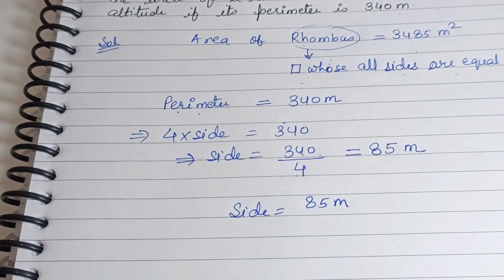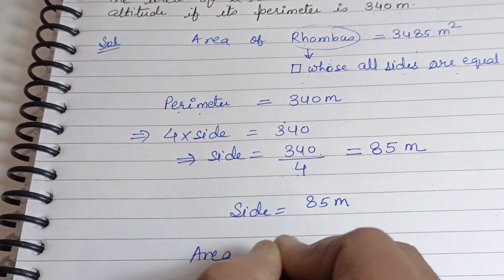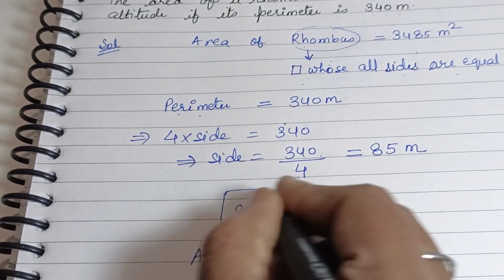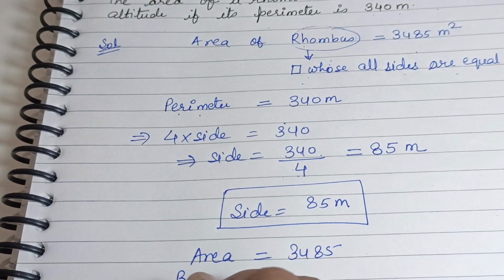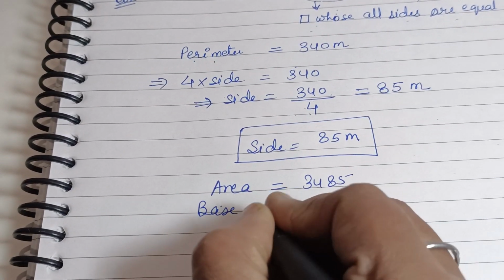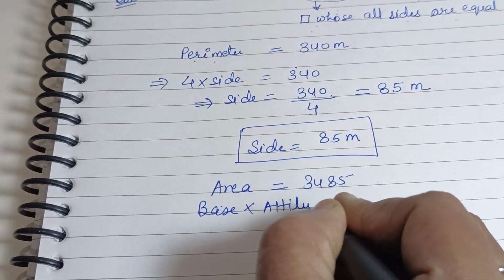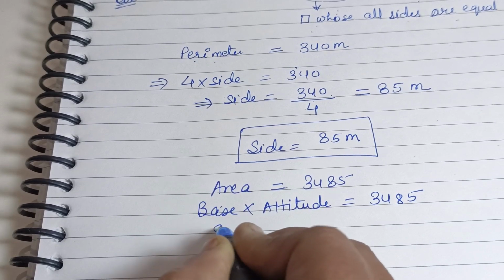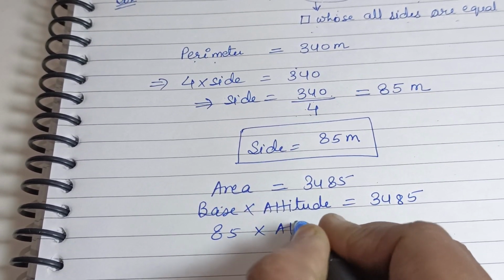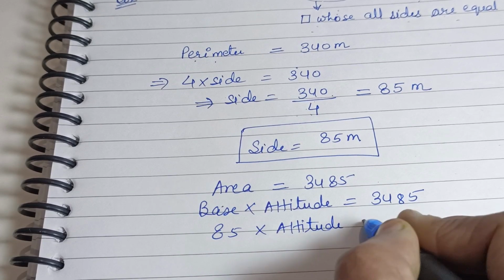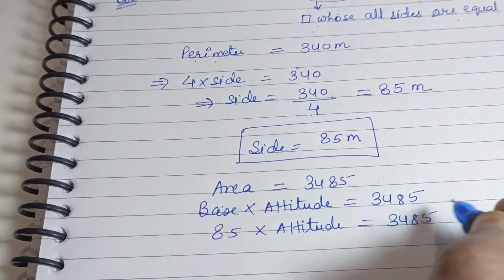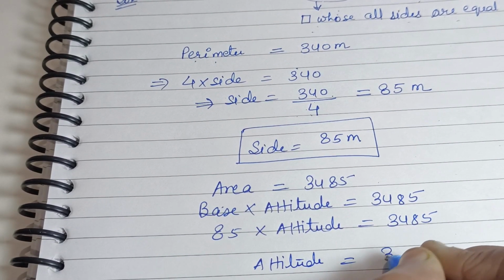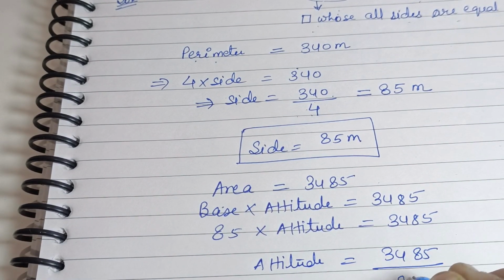Now though it is very easy because now you are knowing area. Area is 3485. Replace this area by the formula, that is base into altitude. Now put the value of base, which is 85 into altitude. Okay, this is the second step. Now in the third step, do the transposition. So altitude equals to 3485 upon 85.